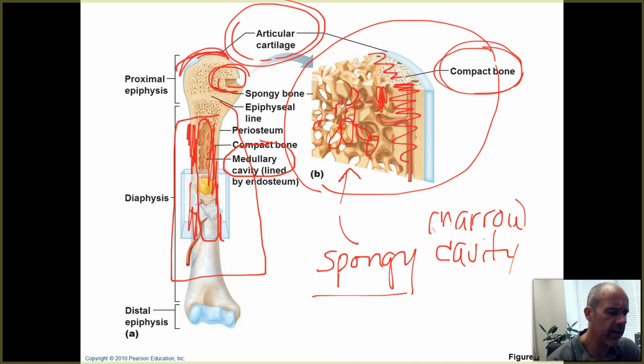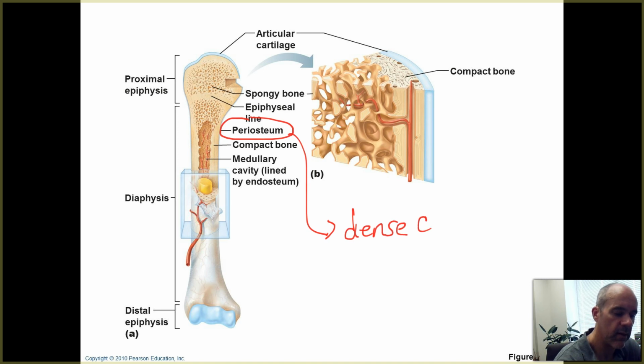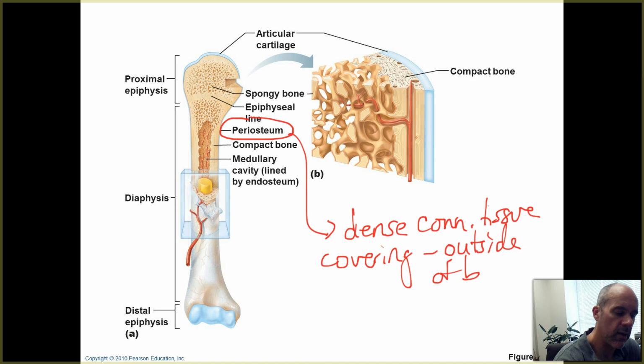Let me erase all that. All right, a couple of other things I want to point out to you here. You do have a connective tissue lining, the periosteum. That is a dense connective tissue covering on the outside of the bone.